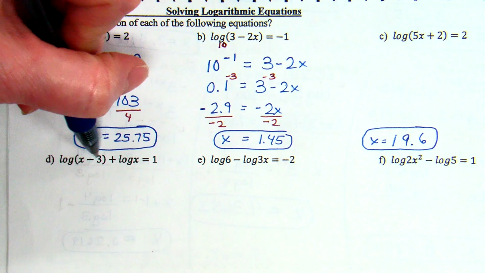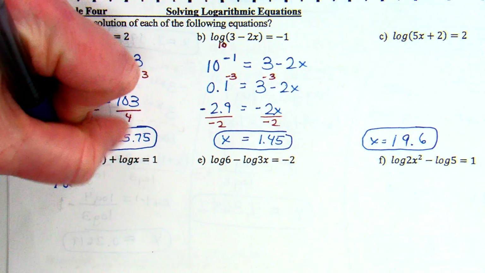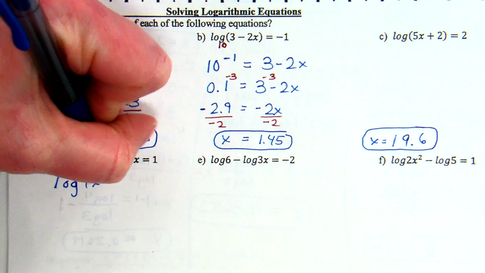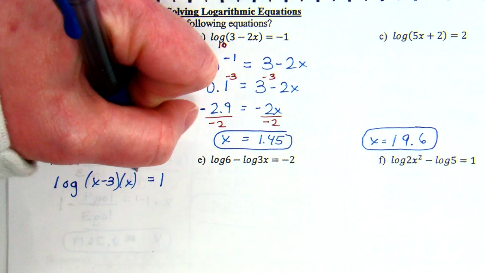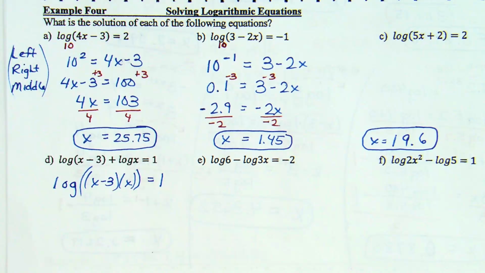So log of x minus 3 plus log of x can be rewritten as the log of x minus 3 times x. Now, I have to put those all in parentheses because I have to show that x minus 3 and x are attached to that log.